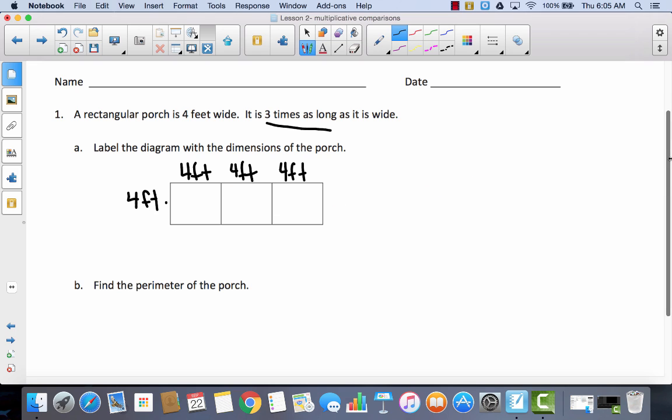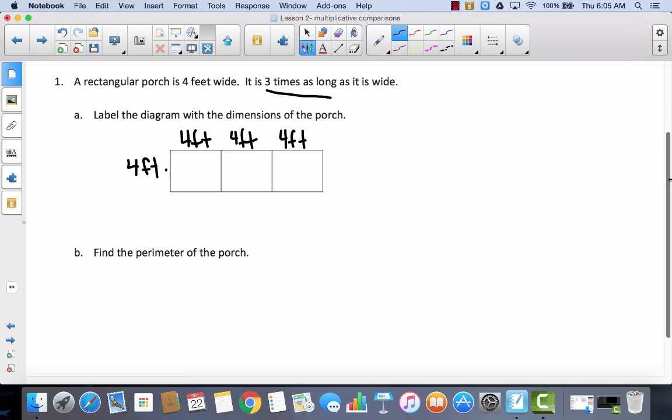Now we're ready to find the perimeter of the porch. So remember, to find the perimeter, the formula that we discussed yesterday was length plus width plus length plus width. Well, if I take all of these 4s together, what's that going to give me? What's 4 plus 4 plus 4? Well, 4 plus 4 is 8, plus 4 more would make 12.